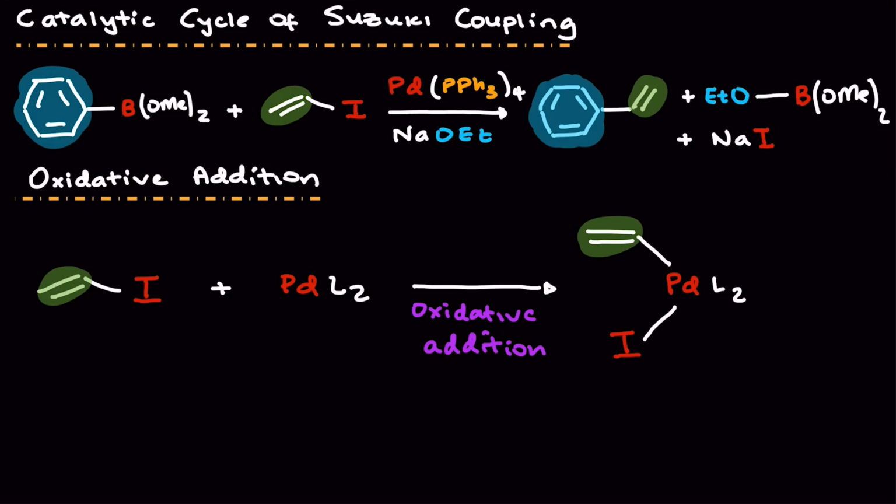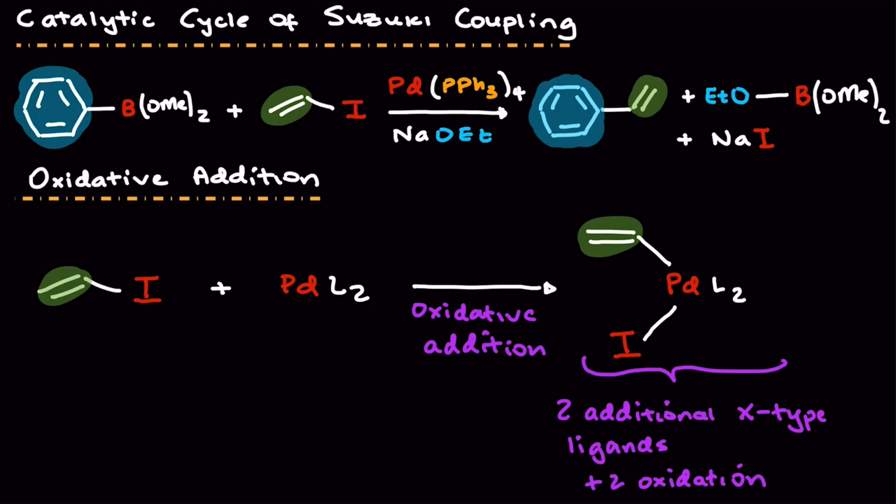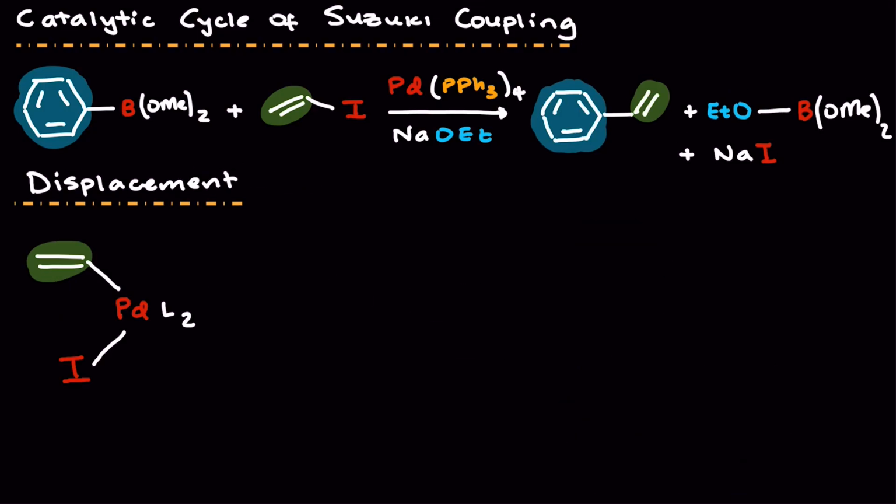And in this step, your vinyl iodide cleaves and then attaches to the palladium center, which means that once again, we have added two X-type ligands onto that palladium center, which means that we've increased the oxidation state of this palladium species by 2, and hence why we call it an oxidative addition step. And now we are at our displacement step. So this is our oxidative addition intermediate.